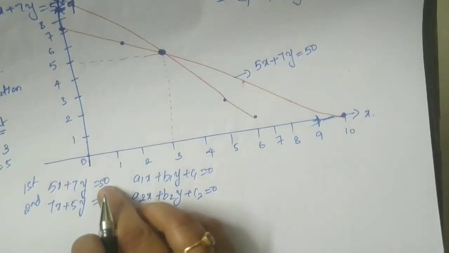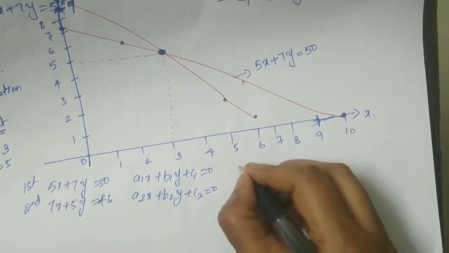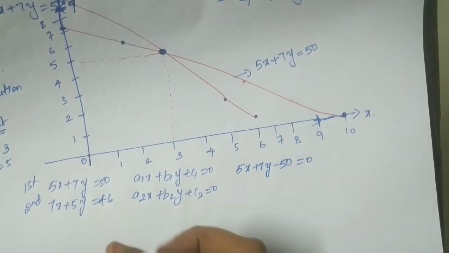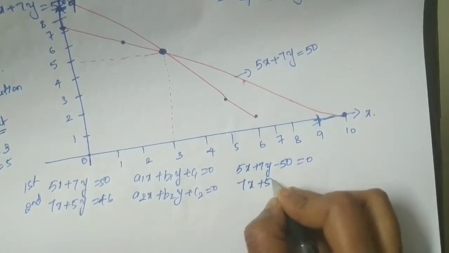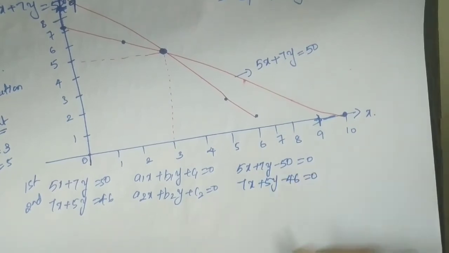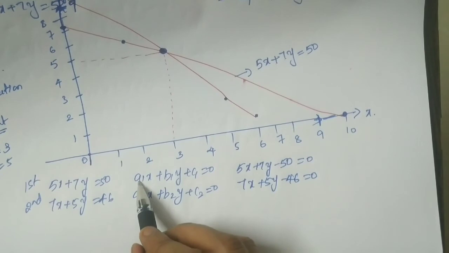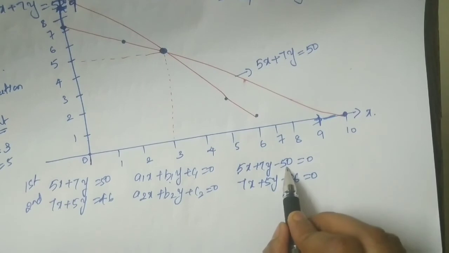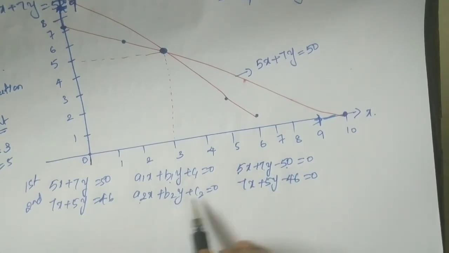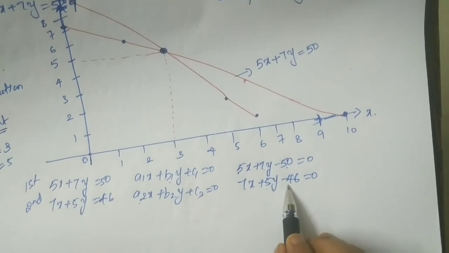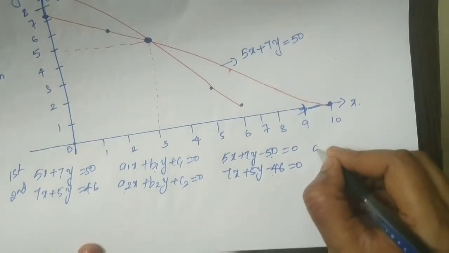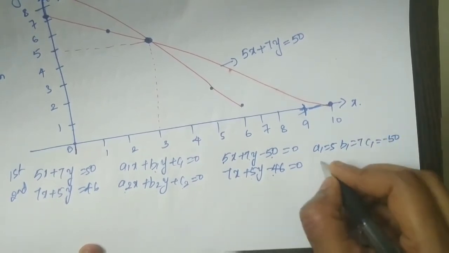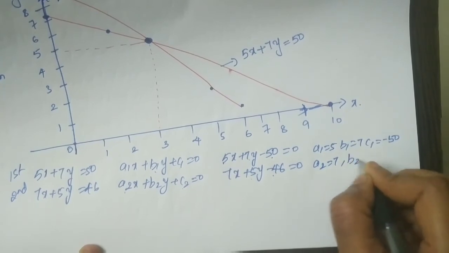Take the RHS to the LHS. 5x plus 7y, since it is positive 50, when you shift it becomes negative 50, is equal to 0. 7x plus 5y minus 46 is equal to 0. Now compare it. A1 is 5, B1 is 7, C1 is minus 50, A2 is 7, B2 is 5, C2 is minus 46. Right? So start writing the values.